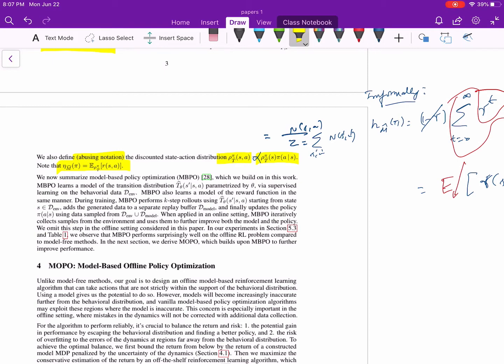Here they summarize MBPO, which is the crux of this MOPO algorithm as well.